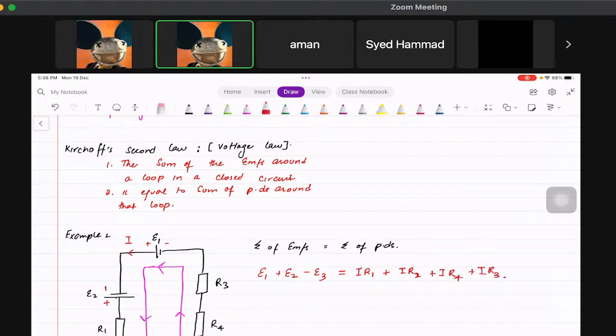Please let me know if you have a question here. Check the equation, see if I've done it right.